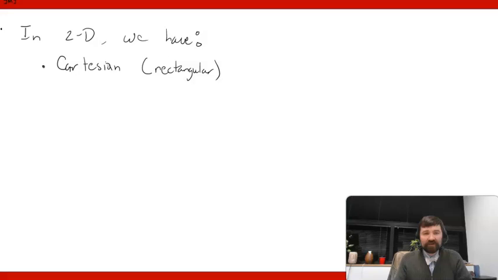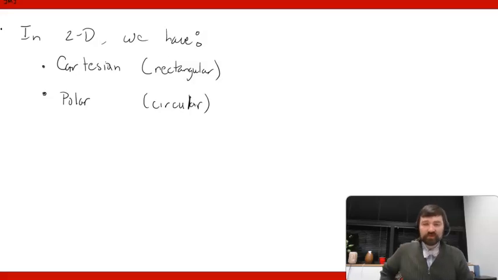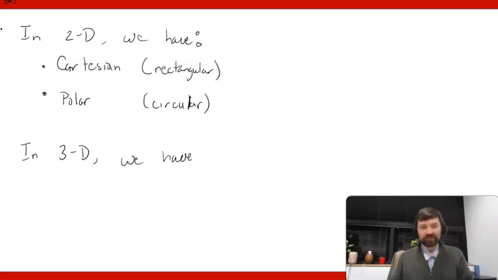And we have polar, sometimes called circular coordinates. Those are the 2 main coordinate systems that we'd use in physics in 2D. In 3 dimensions, we have 3 commonly used coordinate systems.